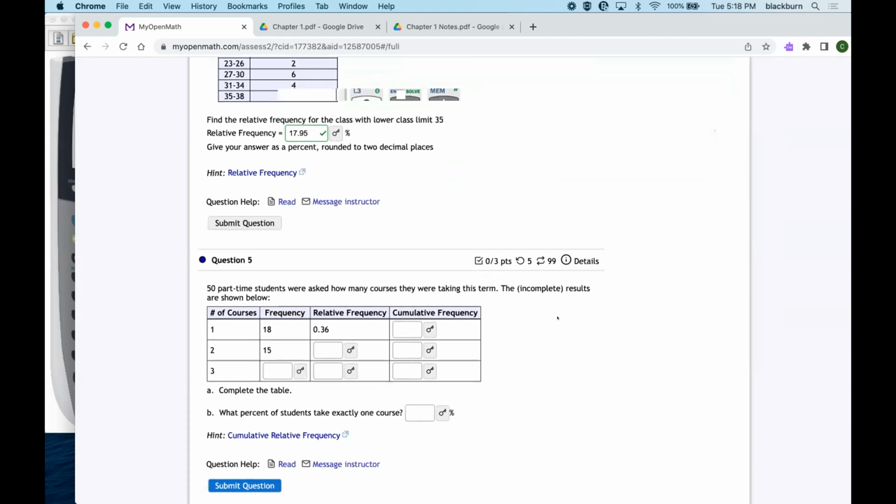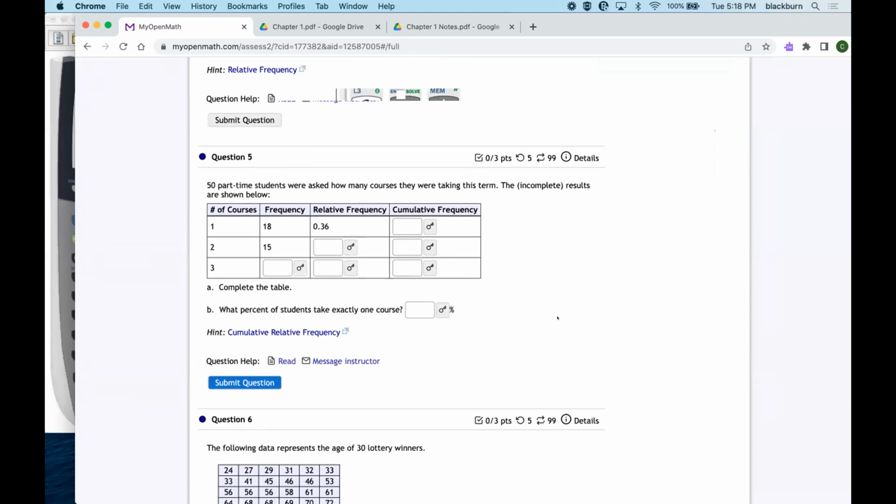So this one looks about the same as the others. So 50 part-time students is kind of different because there's a lot of empty boxes this time. There's a lot more empty boxes than in the normal ones. So cumulative frequency, remember, is always how many you add up the column over here until you get to the same row, right?